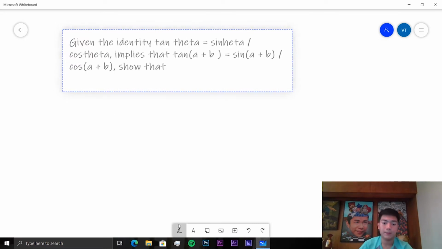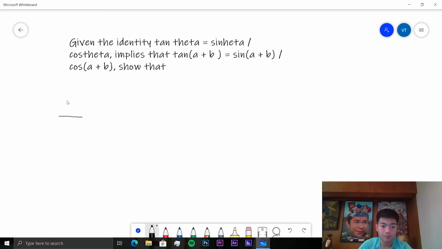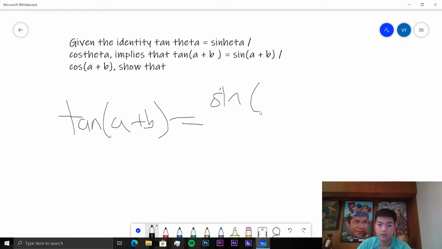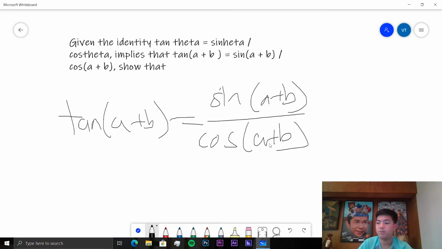So we know that tangent A plus B is equal to the sine of A plus B over the cosine of A plus B. We need to show the formula.